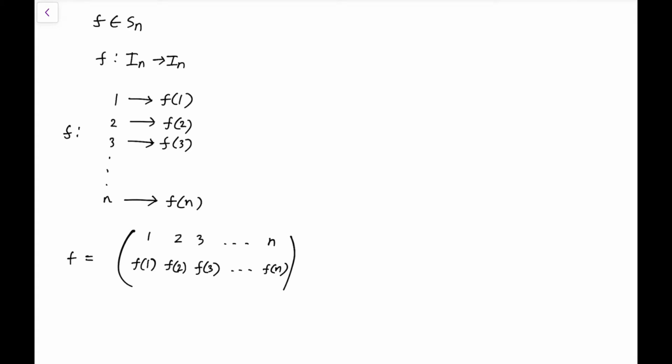Now we will do some more simplification. That is, we will drop the columns. Suppose there is a column i, fi. We will drop this column i, fi if fi is equal to i. So let us take an example.